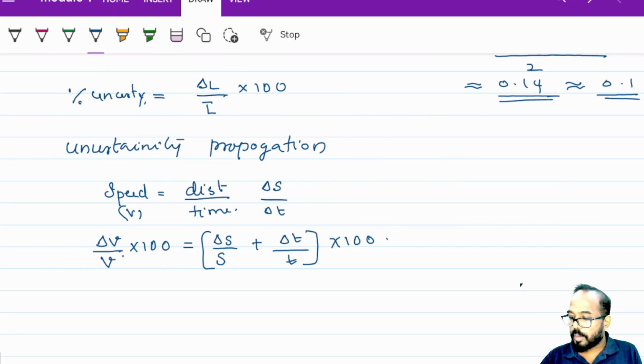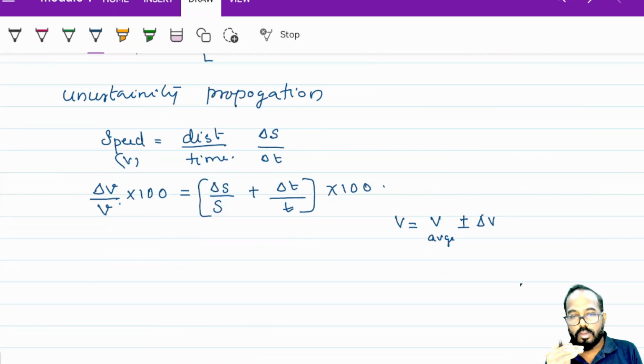Then finally you can represent the velocity as V average or mean plus or minus delta V. From this equation you can easily find out delta V. In that equation the power is always multiplied with the uncertainty. For example, delta S, what is the power? Distance by time, power is 1, right? You are actually multiplying 1 here also, 1 here also.